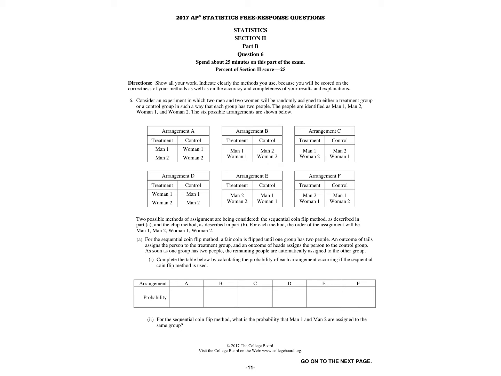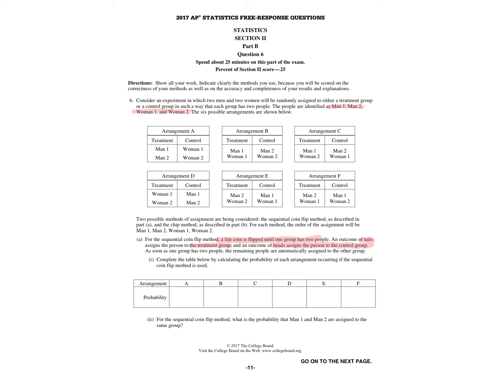So we look at this. I'm assuming you've read this already. And we have these people we are identifying as man 1, man 2, woman 1, and woman 2. Really importantly, what we're going to do is flip coins. A coin is flipped. An outcome of tails is going to give them to the treatment group, and an outcome of heads is going to give them to the control group.